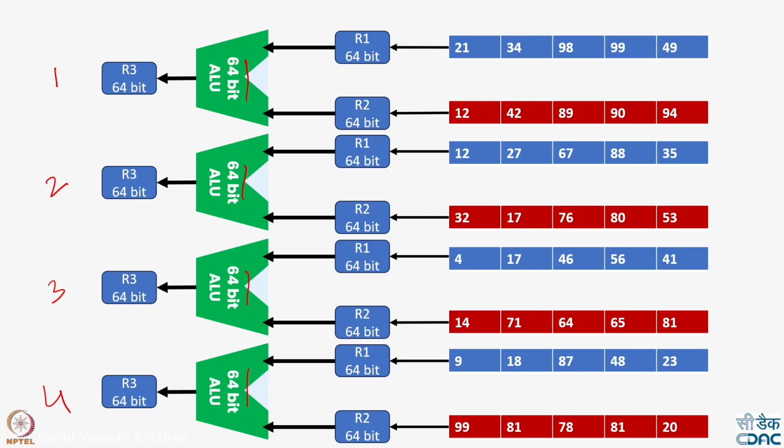Suppose I want to process the same vector by only 2 execution units, so it can be done. That means both the vectors will be divided among these 2. Suppose I have a vector size of 100, then 50 elements will come here and 50 elements will come to this execution unit.